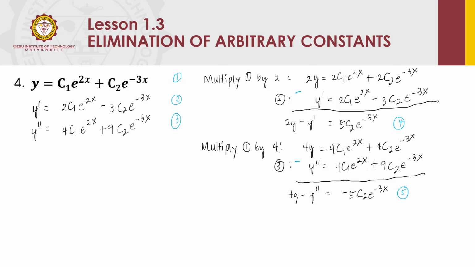So we have another equation containing C2 only. So another round of elimination is needed to eliminate C2. So we have 5 and negative 5. If we add equations 4 and 5, then we'll get our differential equation with no more arbitrary constant. So let me copy them.